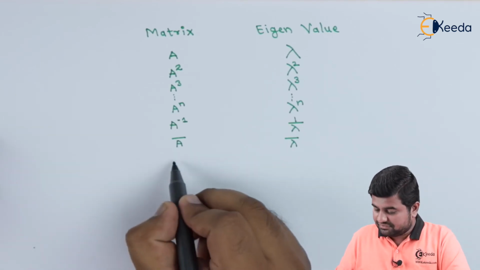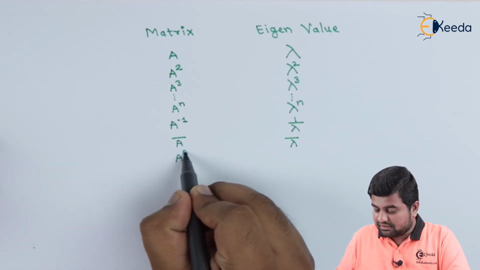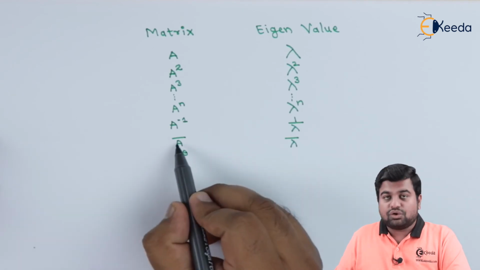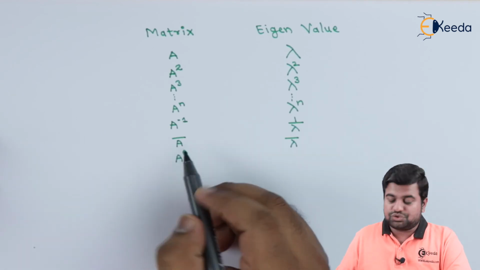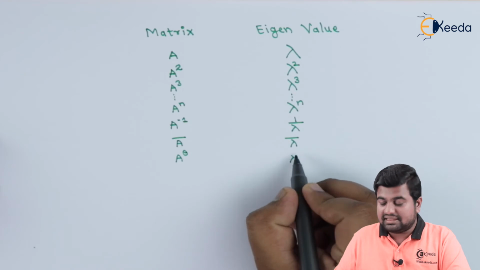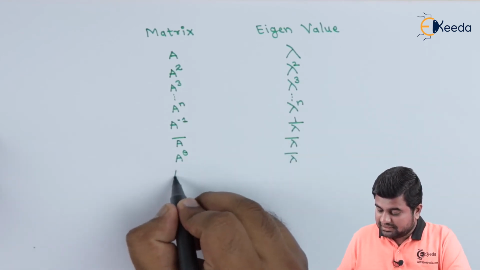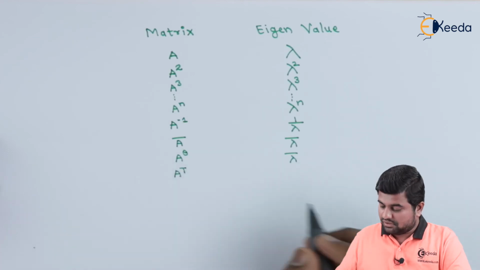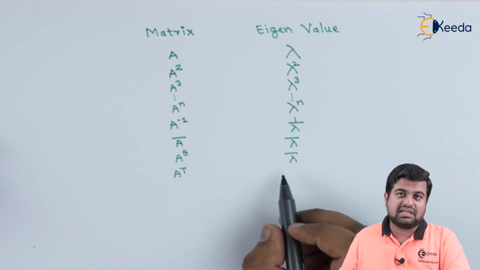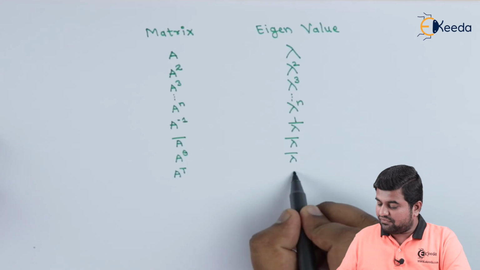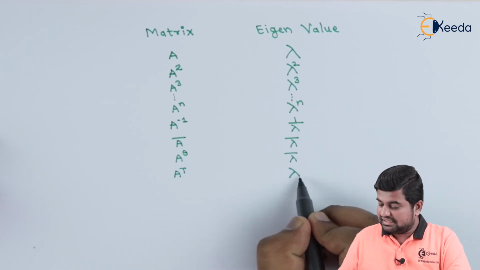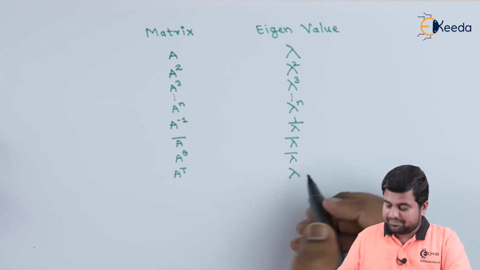When we have A raised to theta, which is the conjugate transpose or transpose conjugate, then also we can have lambda bar, the conjugate value of lambda. In case of transpose of the matrix, only rows and columns are getting interchanged, so the eigenvalue remains unchanged, which is lambda.